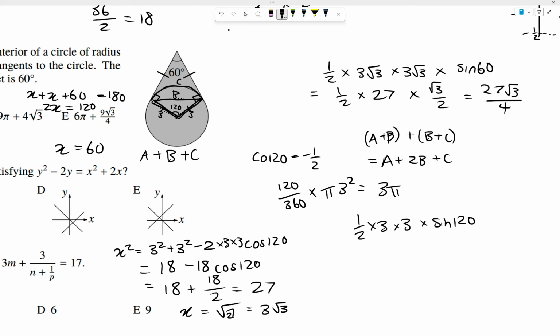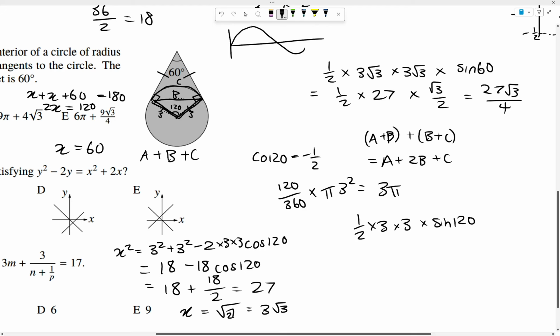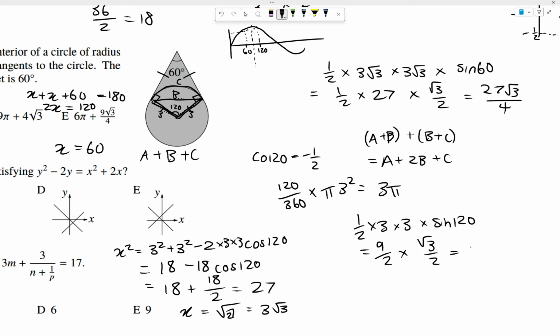And I will draw the sine graph, which is this. There's a line of symmetry down x equals 90, so 60, 120, and therefore it will be root 3 over 2. And that gives 9 over 2 times root 3 over 2, which is 9 root 3 over 4.